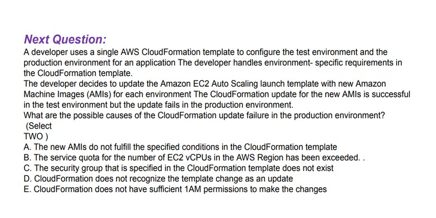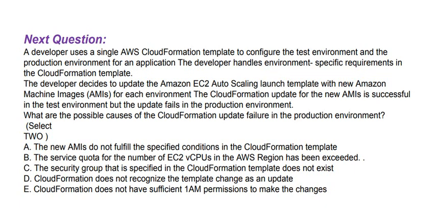Select two options. Option A. The new AMIs do not fulfill the specified conditions in the CloudFormation template. Option B. The service quota for the number of EC2 vCPUs in the AWS Region has been exceeded. Option C. The security group that is specified in the CloudFormation template does not exist.